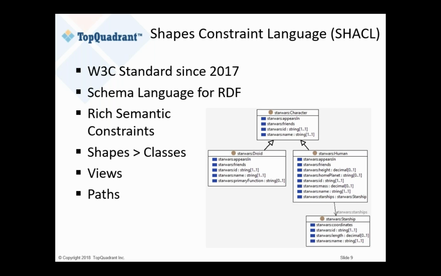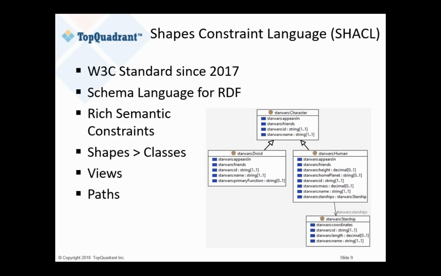And it is not based on classes. So one of the main differences between Shackle and other RDF ontology languages is that you have a more general concept called a shape. And shapes are similar to classes, but they are more general in the sense that you can use them to describe data independent of triples in the data model.